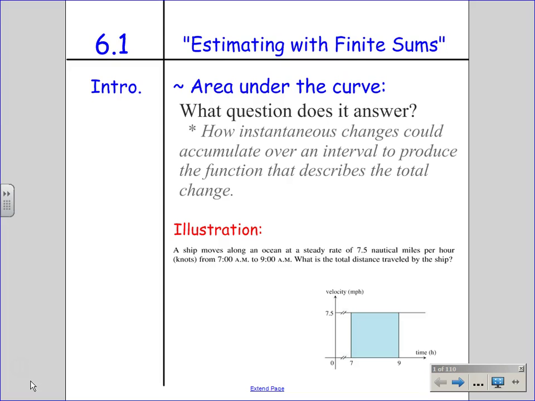Okay, final time minus initial time, so it's traveling for how many hours? And then what? How far did it go?